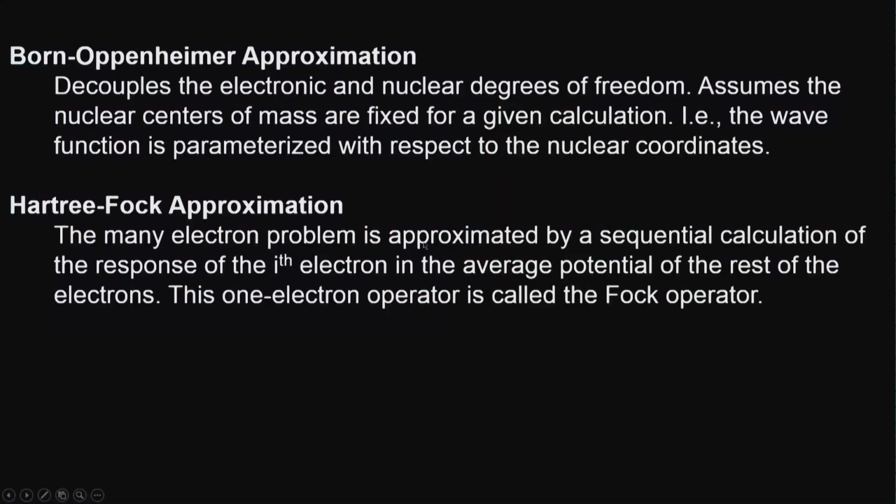This is a very important one as well. So the many electron problem is approximated by a sequential calculation. You take the ith electron and you take the average potential of the rest of the electrons and then see the interaction, okay. So it becomes a one electron operator. Then you take the next electron, take the average of the rest of the electrons and then see the interaction.